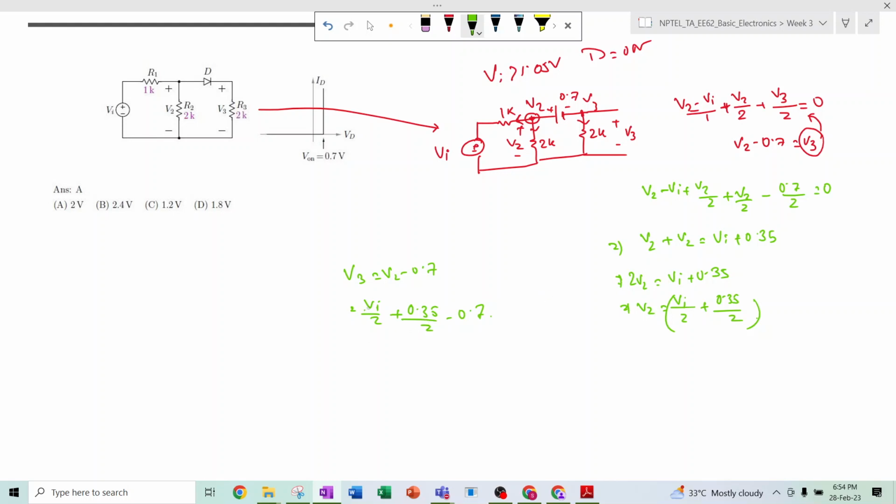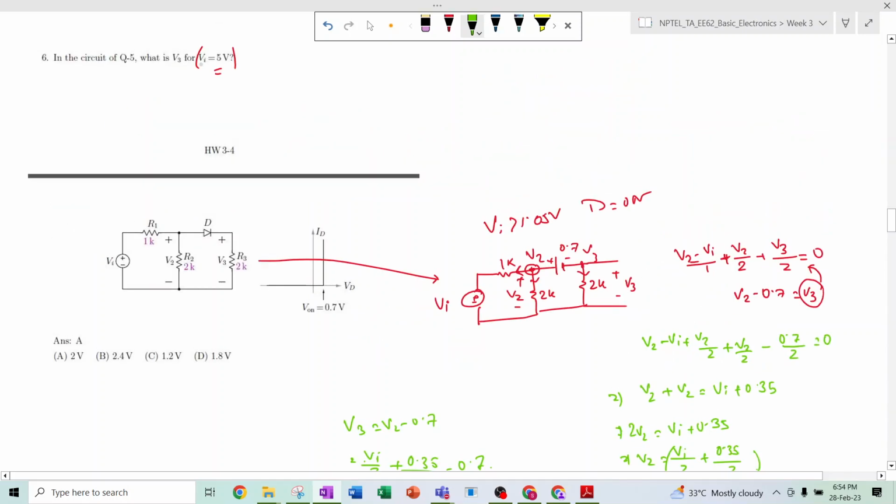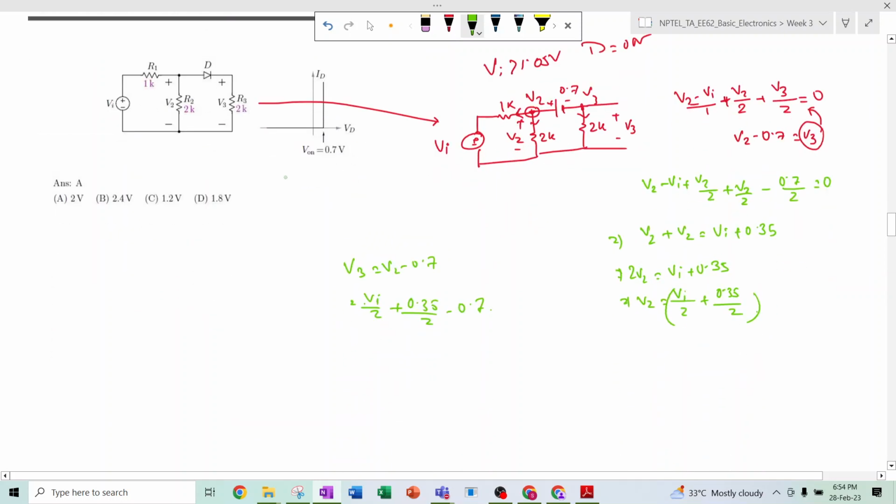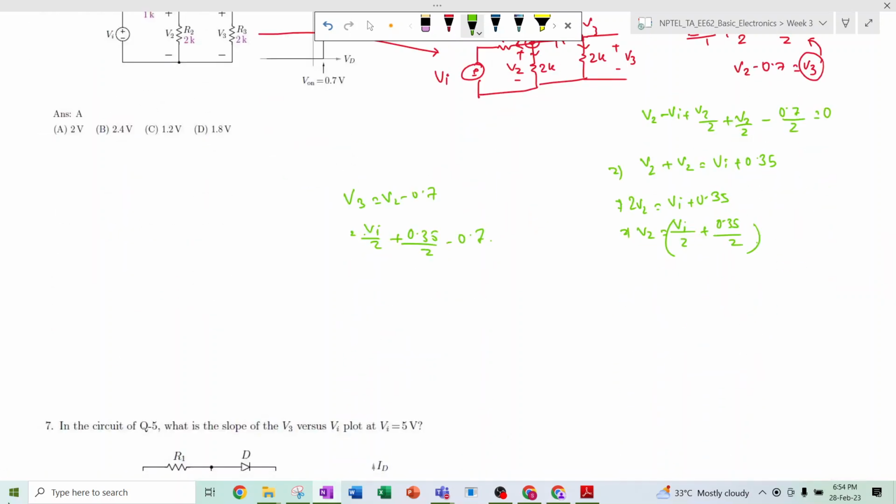so this Vi is 5 volt, right, according to the question. So what is the value of V3 when Vi equals 5 volt? So then it will be 5.35 divided by 2 minus 0.7, that is about 2.67 minus 0.7.